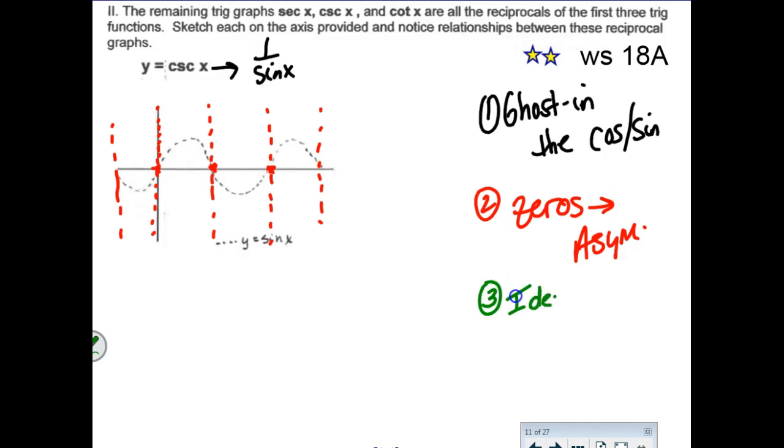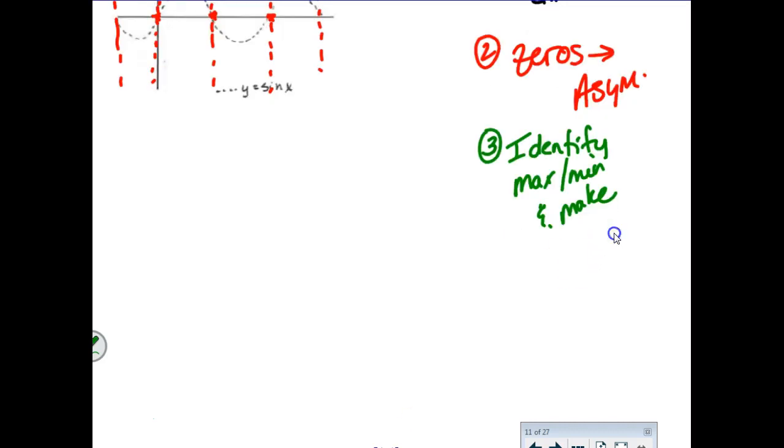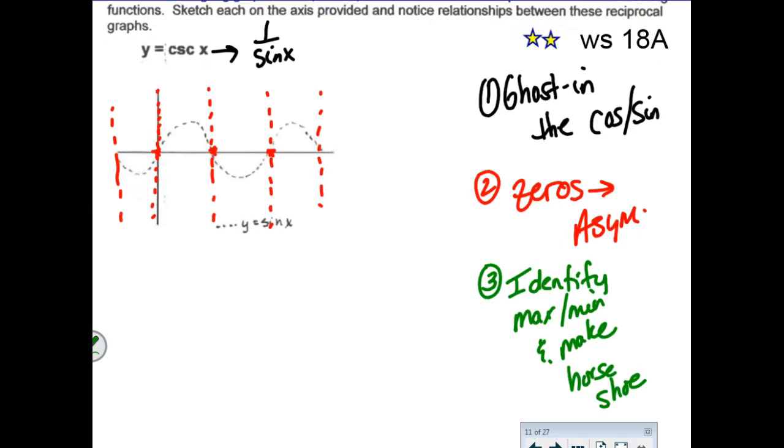All right. Then you're going to identify any maxes and mins from your ghost function. And I'm going to use the very unofficial term of horseshoe, but then you're going to make a horseshoe. I don't mind graphing these, because even I can make them look halfway decent.